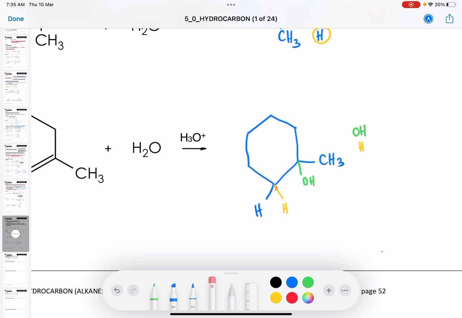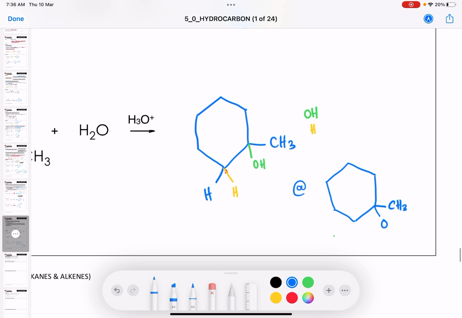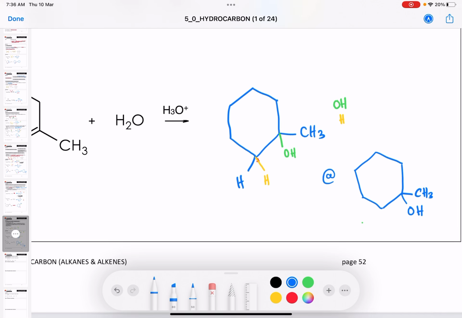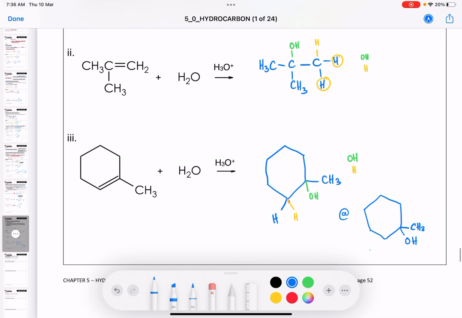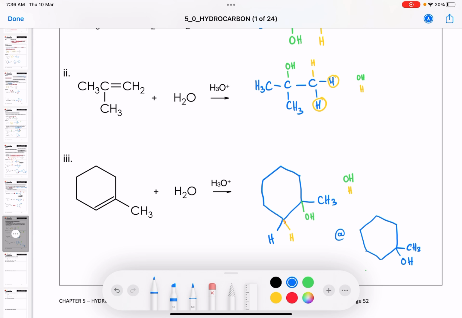So you can write it like this, or you can make everything skeletal, except here we have CH3 and we have OH. So that's it for all the addition reactions for alkene, and for the mechanism I will show you in the next video. Thank you everyone.